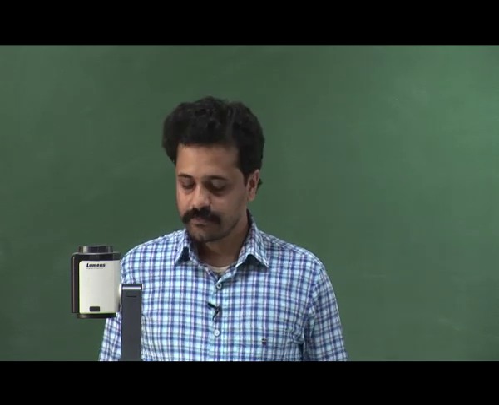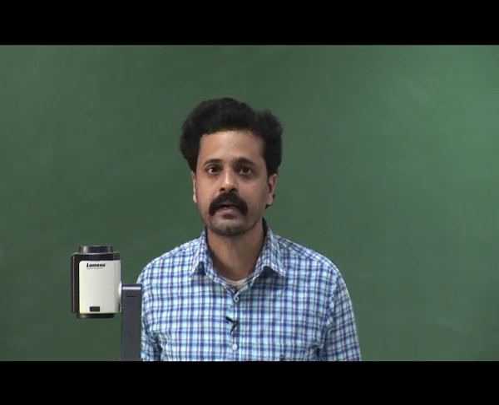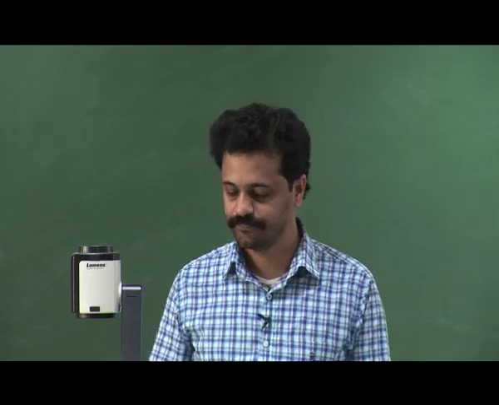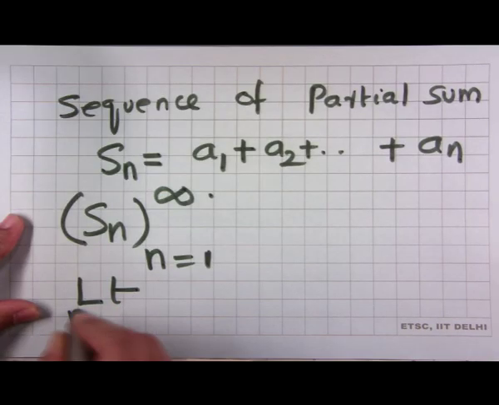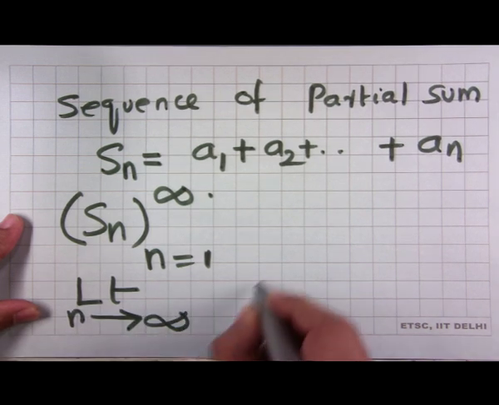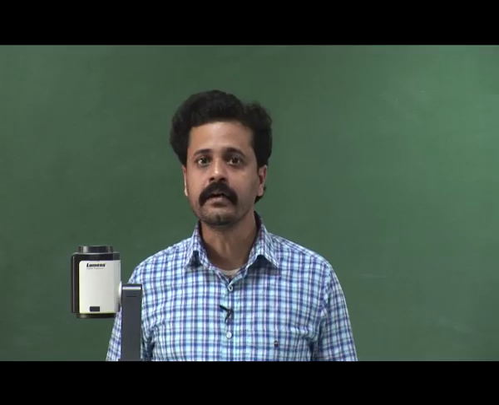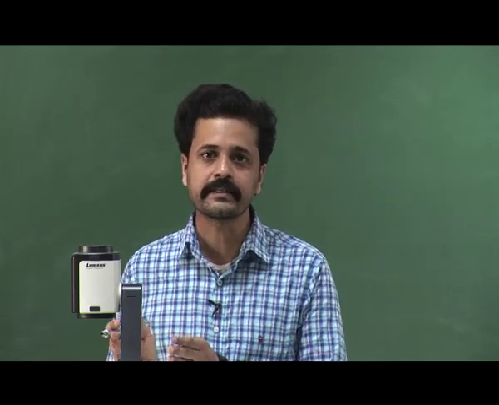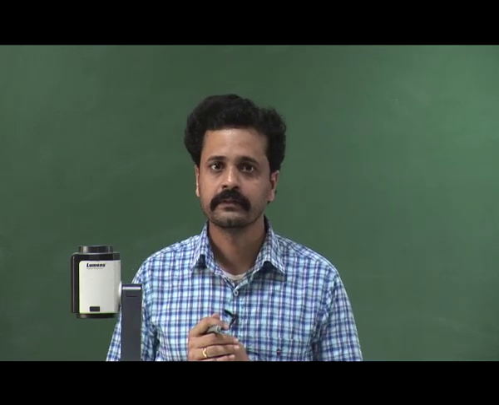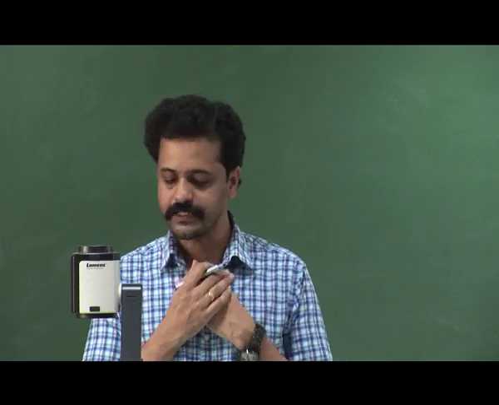Now, we observe what happens to this sequence of partial sums as n becomes large. To be precise, we find the limit as n tends to infinity of S_n, whether the terms of the sequence become close to a fixed real number as n becomes larger and larger.